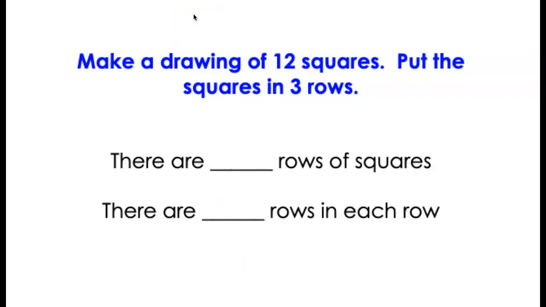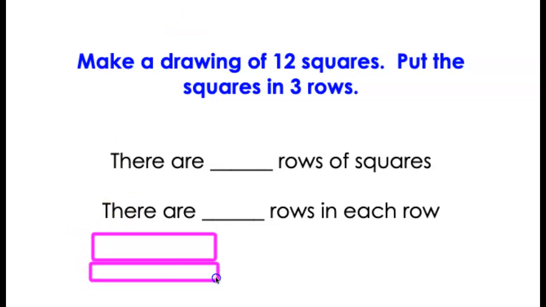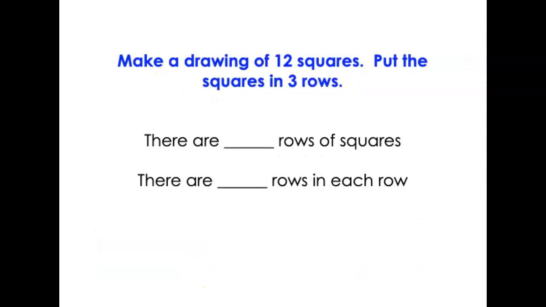So if you have 3 rows of the 12, so let's see, 1, 2, are you gonna fit? Okay, let's try this again. So we're gonna make 12 squares in 3 rows.